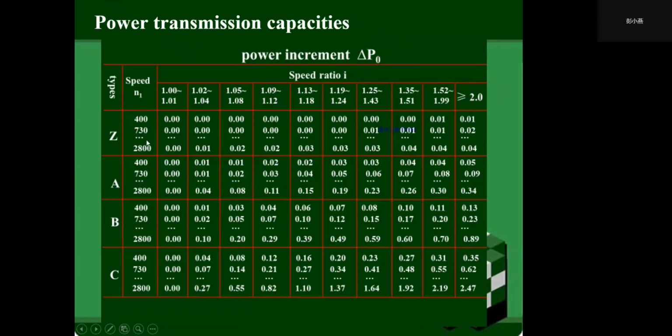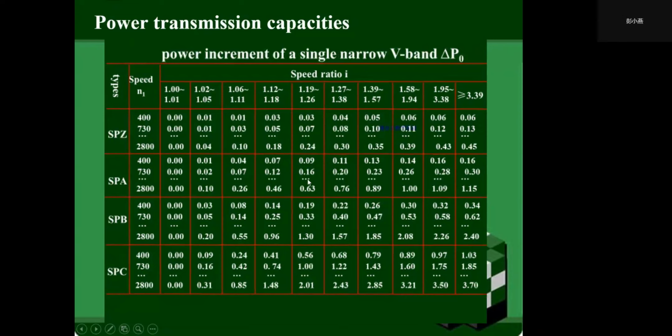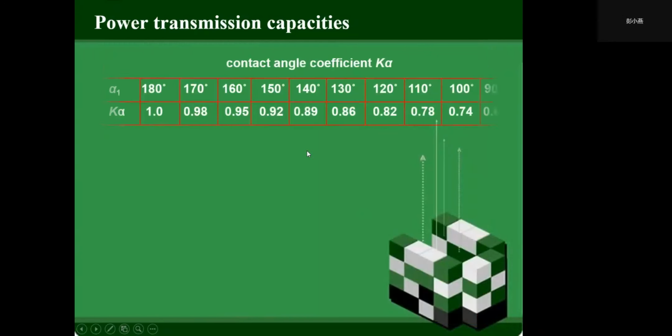First we should know the type of belt, the speed of the driving pulley, and the speed ratio. And then we can obtain the power increment delta P0. And this is delta P0 for narrow wave belt.